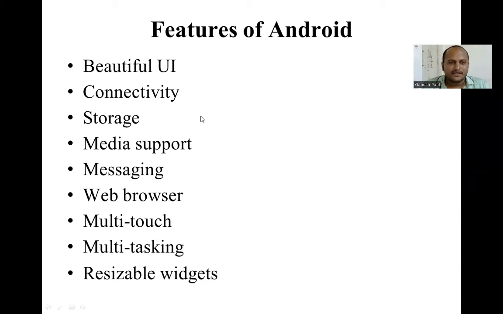Storage, next media support, messaging, web browsers, means you can open the browser and type the URL. Multi-touch, we have the fingerprint, or somewhere we have face recognition to unlock the mobile. Multitasking: right now we are accessing Facebook, WhatsApp, some applications. At a time we can access a number of applications. This is called multitasking.